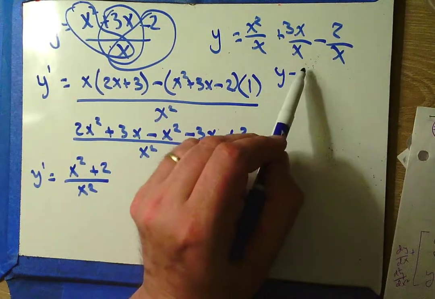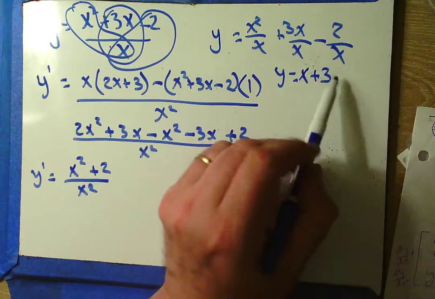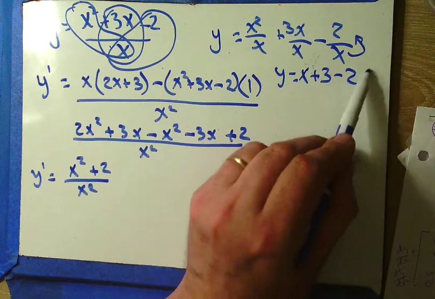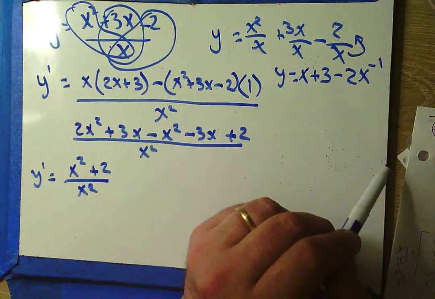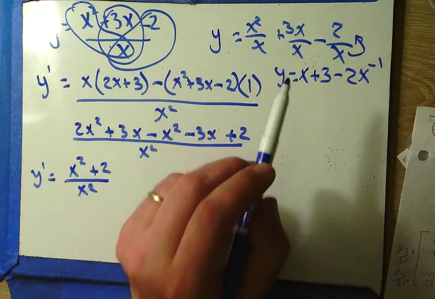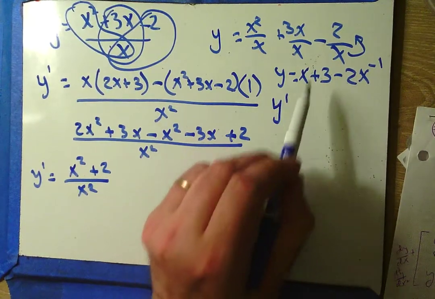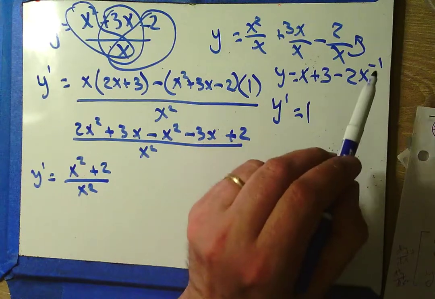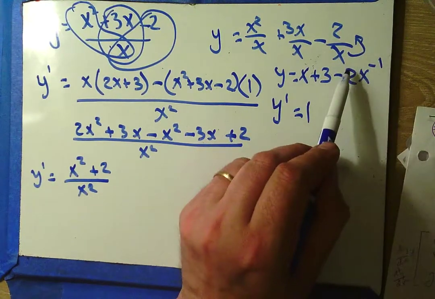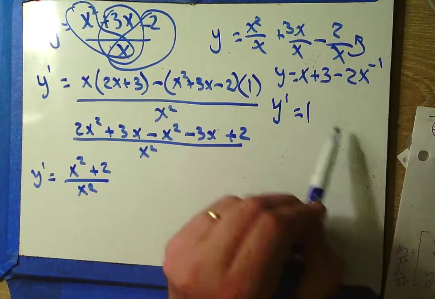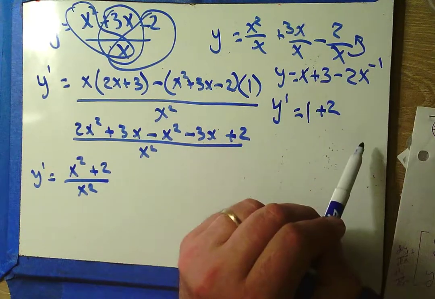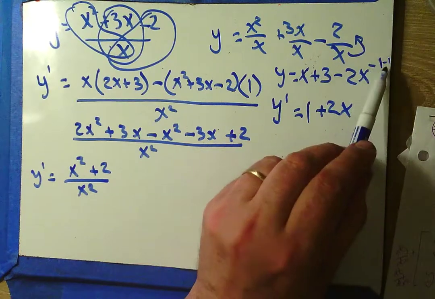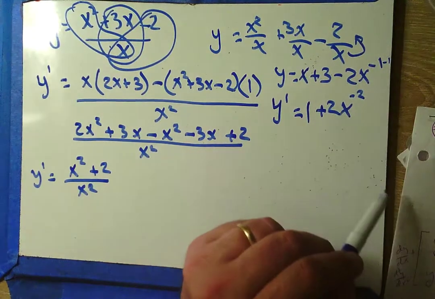So y equals x plus 3 minus, and remember what we did before about flipping this up and calling it 2x to the negative 1? I want to do that. So now y prime, the derivative of x is 1, the derivative of 3 is 0, and the derivative here, I bring down that negative 1 times the negative 2 that's already there. I get a positive 2, x, and subtract 1. Minus 1 is minus 2.